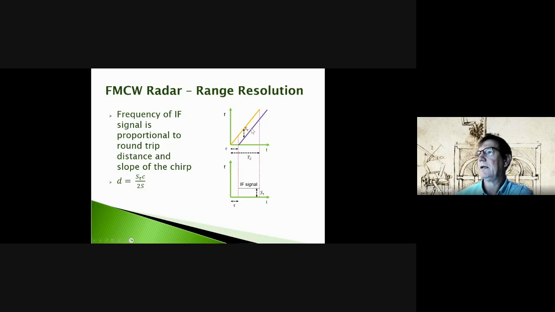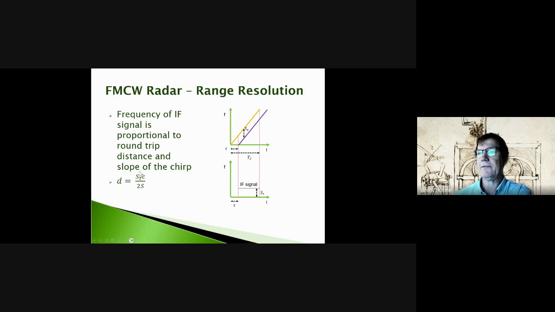And if we measure the frequency difference at any time during this overlap of the transmitted pulse and a received pulse, we'll get a signal that has this time duration that's equivalent to the overlap, and at a frequency that is directly related to the distance through the slope of this line and the time that it takes for the signal to travel out there and back.